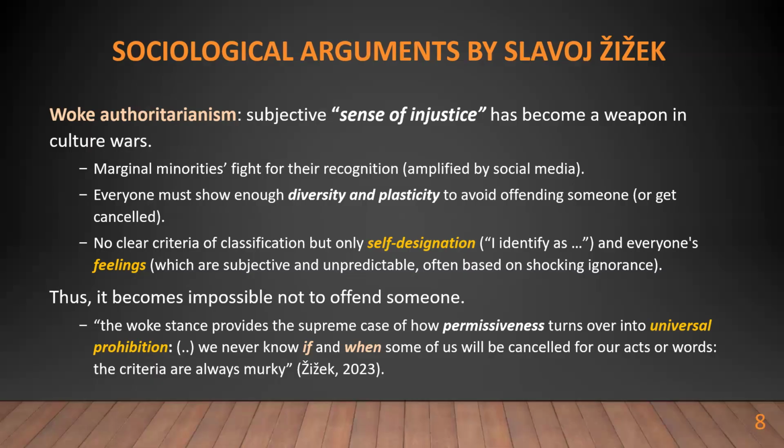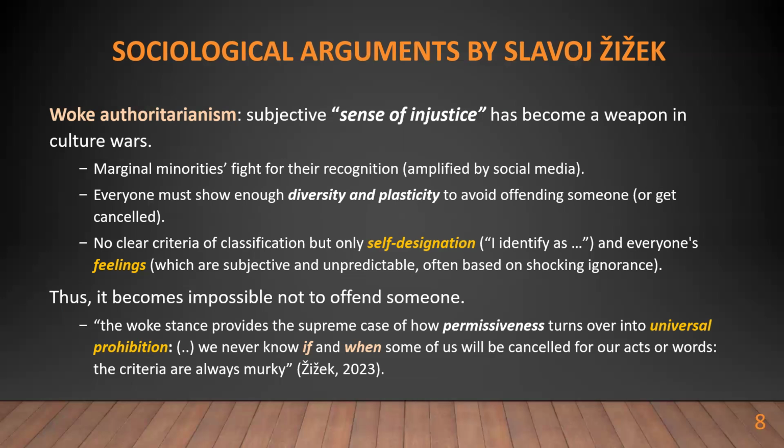Nobody else really knows those standards because they're very subjective and very unpredictable. And in fact, they're very often based on shocking ignorance of the situation. So people get offended by things that they don't even know the history or meaning of. It just seems offensive to them because they currently feel like they want to get offended. And that's why it becomes impossible not to offend someone if you say or do anything publicly.